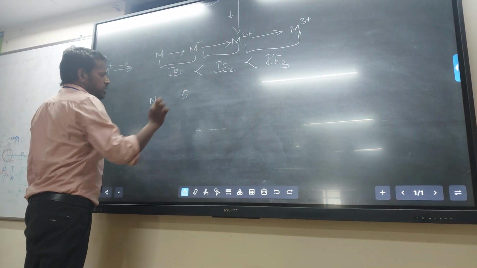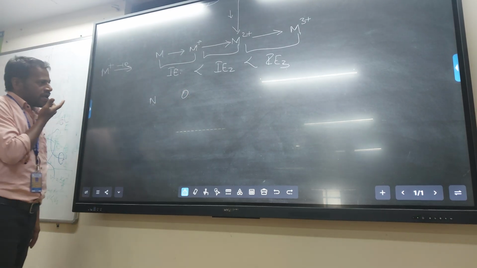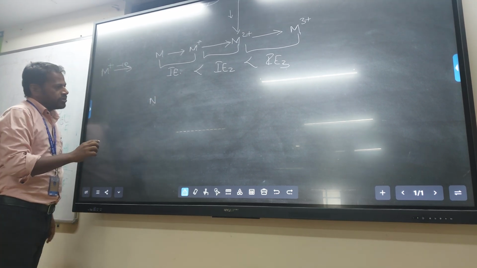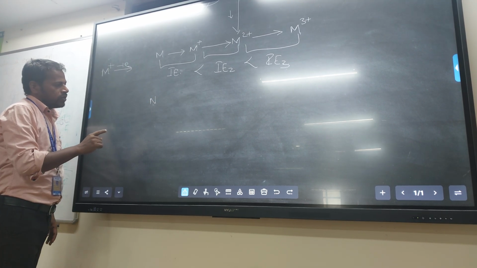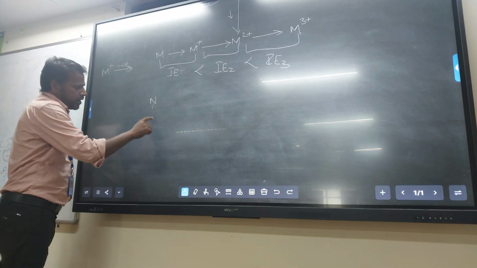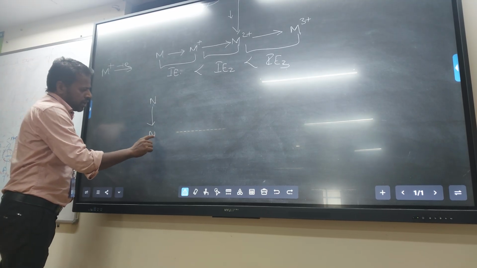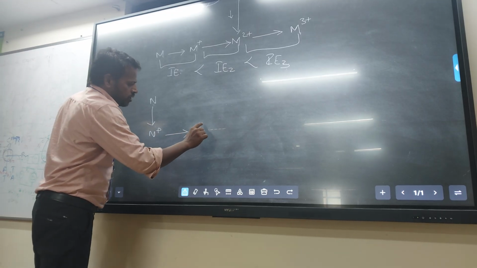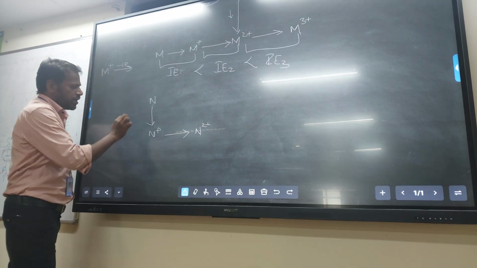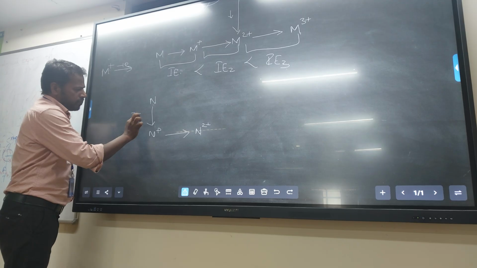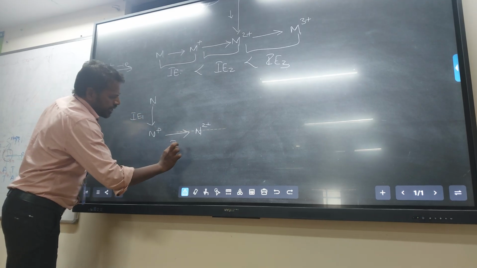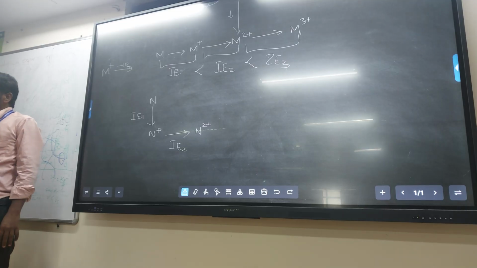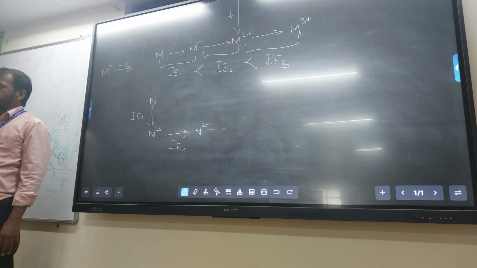nitrogen and oxygen. Right? First we take nitrogen. Nitrogen, nitrogen plus, nitrogen 2 plus, right? This is IE1, this is IE2. You compare which one is more, IE1 or IE2?